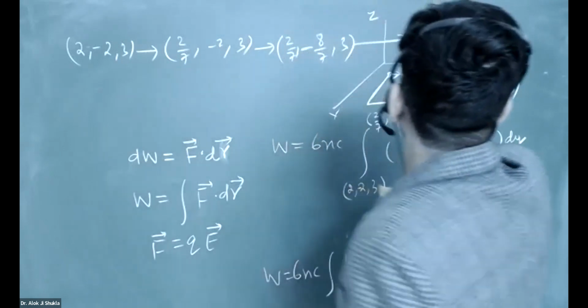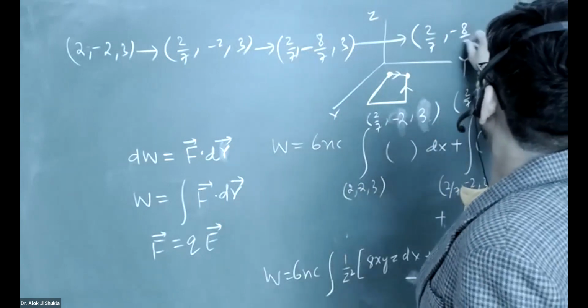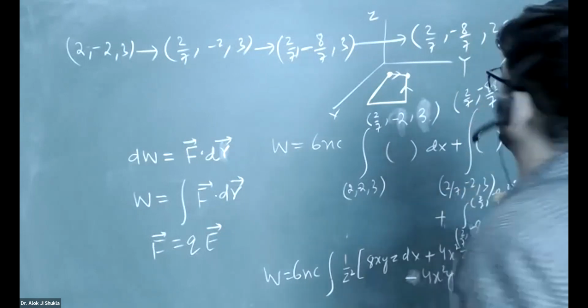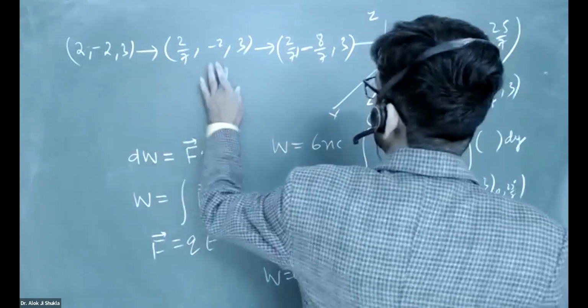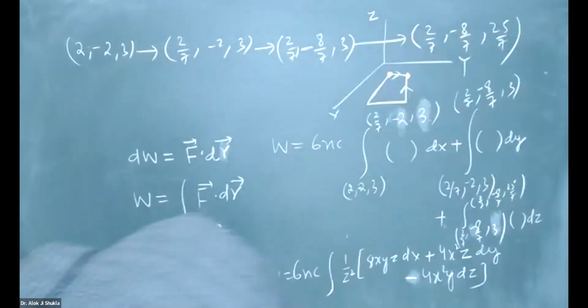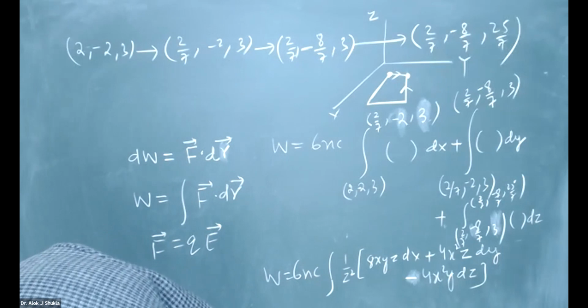And then I wrote 2 by 7, minus 8 by 7 and 25 by 7. So here only x changed, here only y changed, and here only z changed. इससे आपका इंटीग्रेशन एक बार में सिर्फ एक ही करना पड़ेगा.